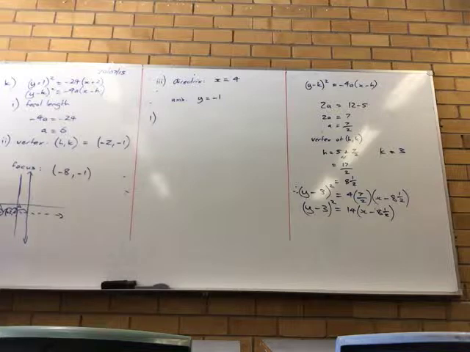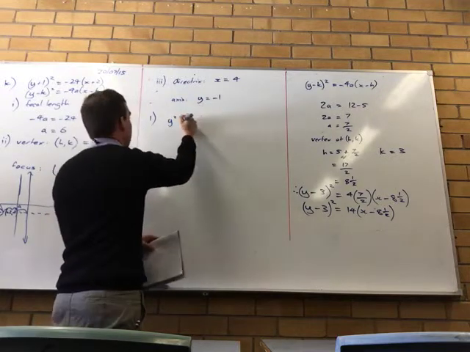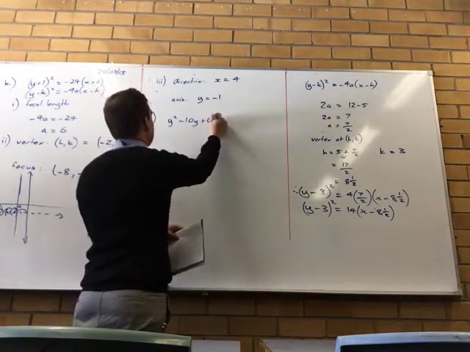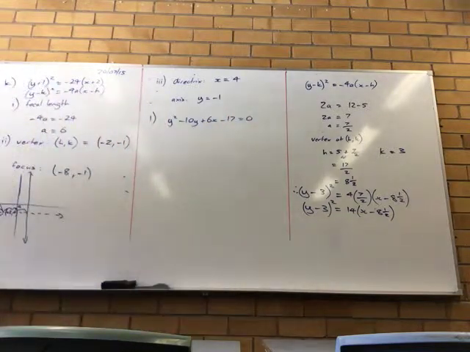Alright, find the coordinates of the vertex and focus and the equation of the directrix to the parabola with equation y squared take away 10y plus 6x take away 17 is 0. That is an equation of a parabola, just in expanded form, not factored form.